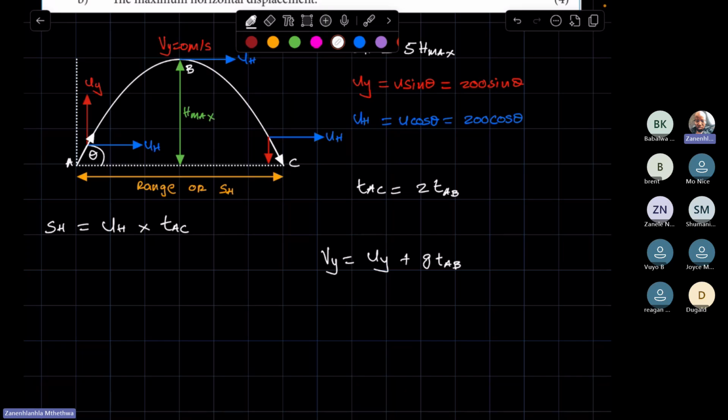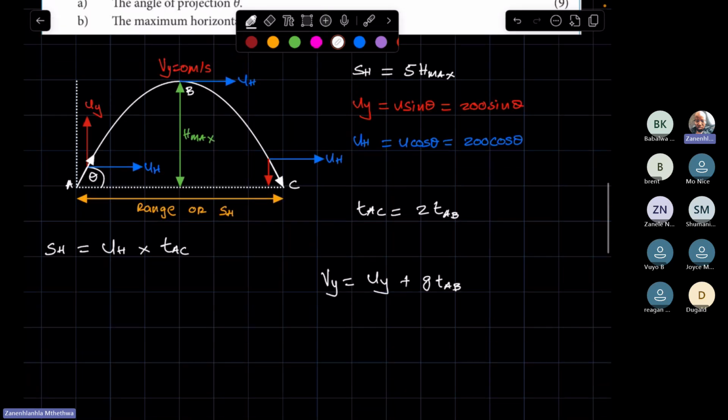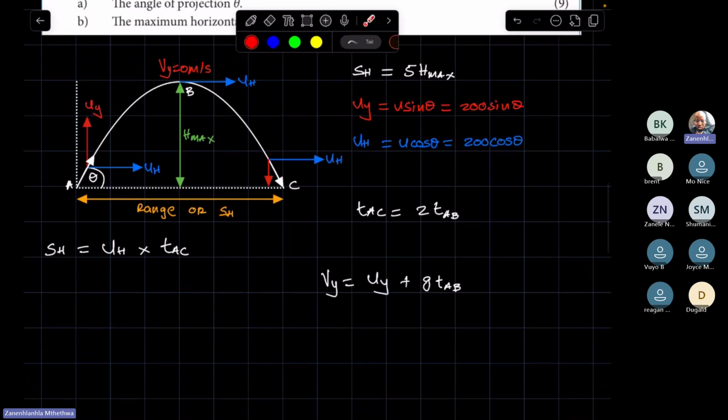That is when looking at the projectile as it moves from point A to point B. We know Vy is equal to 0, Uy is equal to 200 sine theta, and G is negative 9.8, and the time is what we'd be looking for.